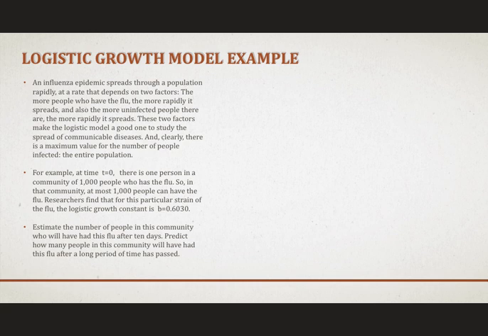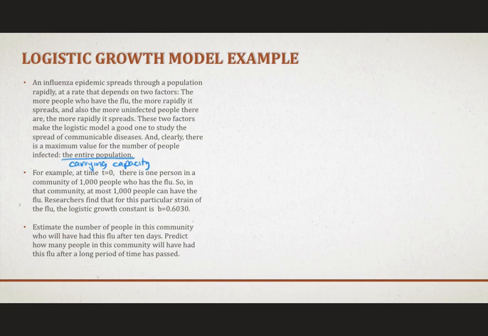So now there is going to be a maximum value, right? Your carrying capacity is going to exist, and it's saying that your entire population is the carrying capacity. I can't have more people with the flu than I have people, right? So I've got a carrying capacity, and it's everybody.